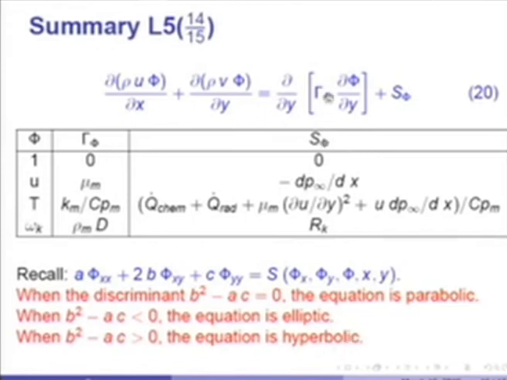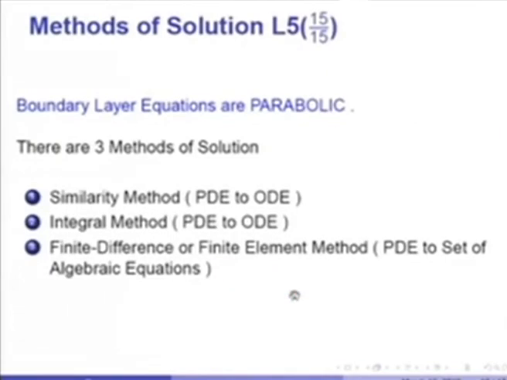Now, of course, we are going to assume that gamma is constant, because we are dealing with uniform property. So, we have only the d2 phi by dy square term, that means c is finite, but in our equation a and b are 0, and therefore, the discriminant b squared minus ac is actually 0, and therefore, our boundary layer equations are parabolic, and for such parabolic equations there are three methods of solution.